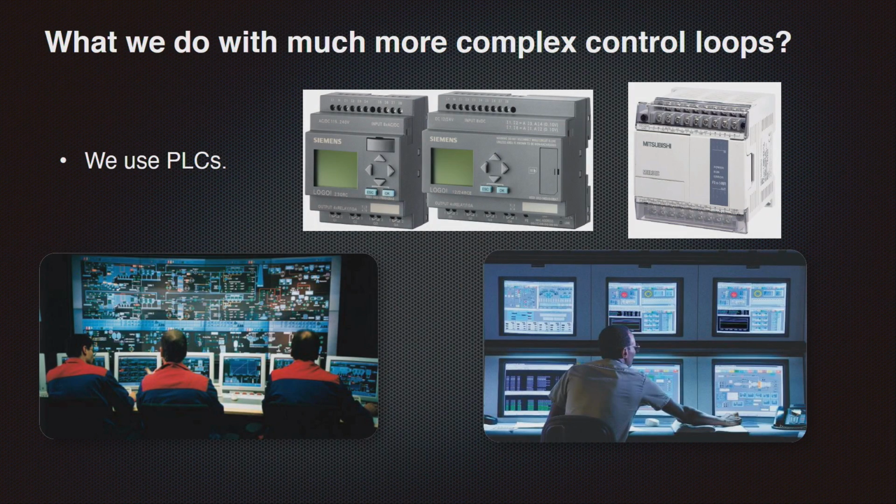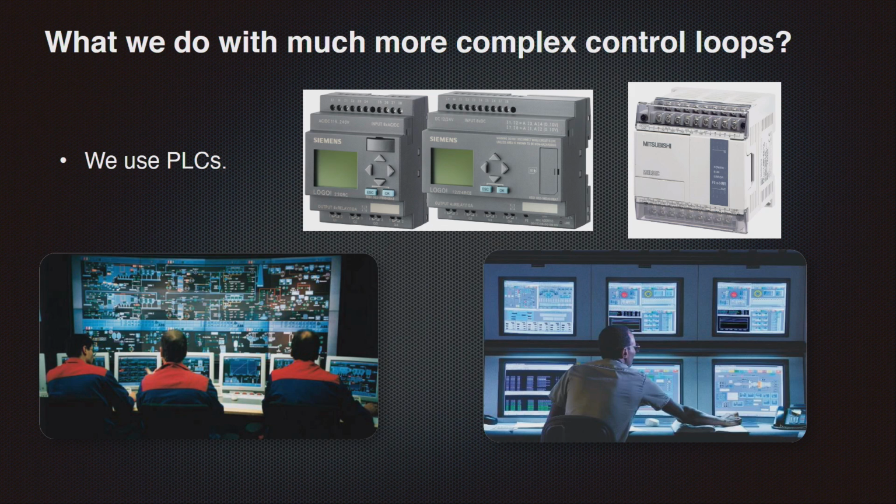So if you look at a factory where you make actual products that you want to produce, or you want to maybe steer some chemical processes and stuff like this, you get into much more complex processes, which we can monitor via something that we call HMIs, which are human-machine interfaces.